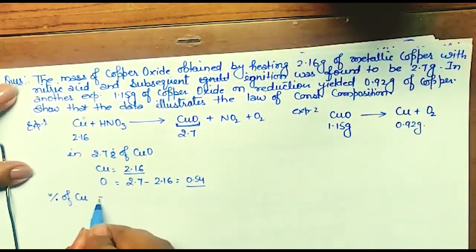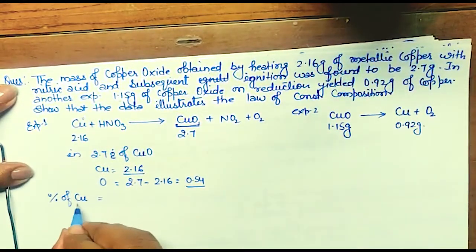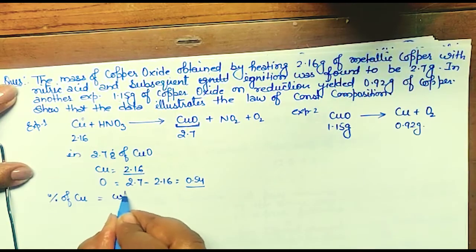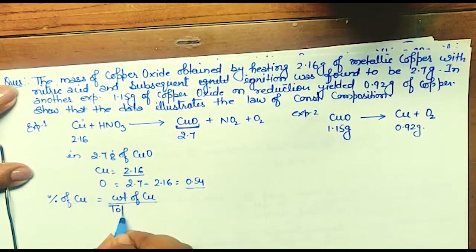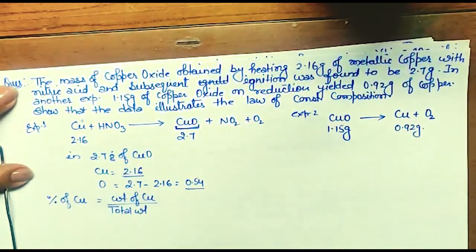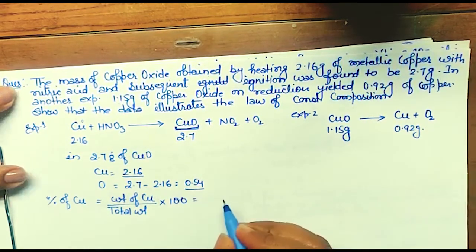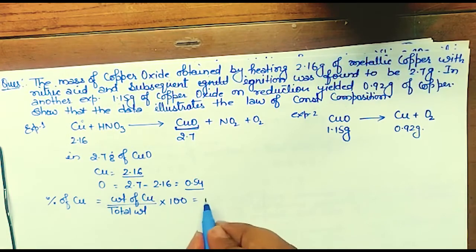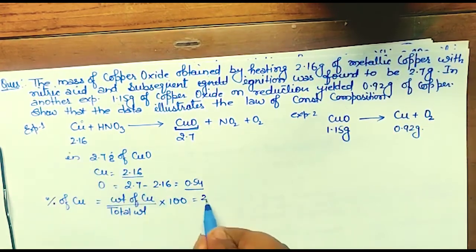Okay, so if we are finding the percentage of copper, it will be weight of copper upon total weight, that means from which we are finding the percentage, multiplied by 100, isn't it? So what we got, the weight of copper is 2.16, isn't it?